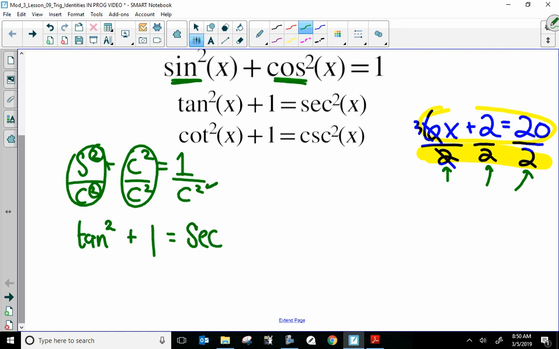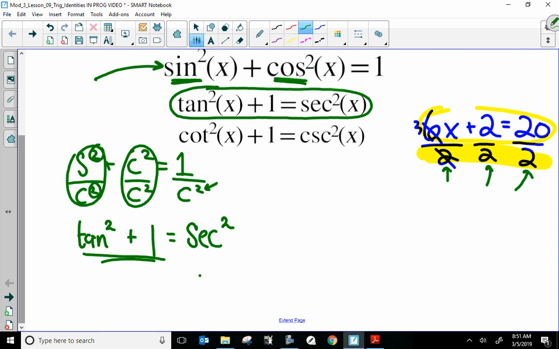If my cosine is squared, my trig here should be squared, and that's exactly what we get here. So this middle Pythagorean identity, tangent squared plus 1 equals secant squared, does come from sine squared plus cosine squared equals 1. That's why it works. So if you ever see tangent squared plus 1 anywhere, you can substitute secant squared right into it.